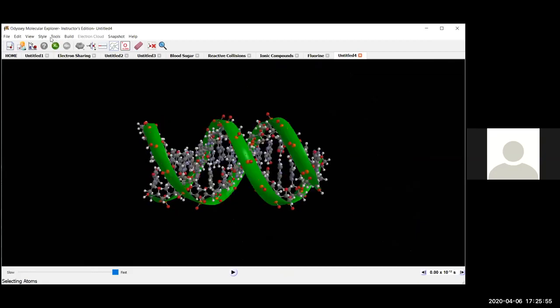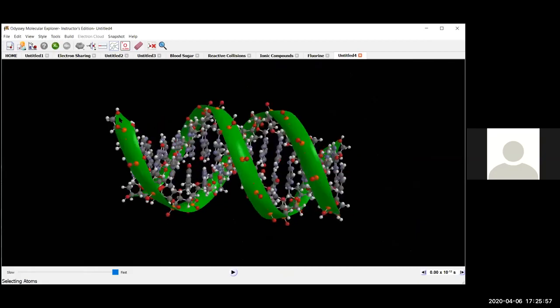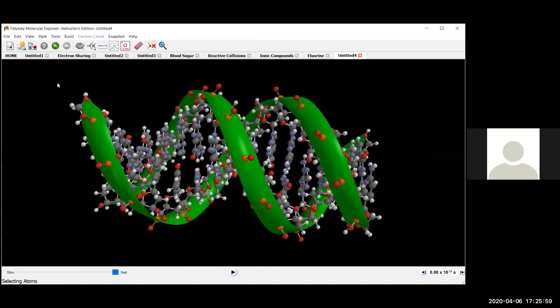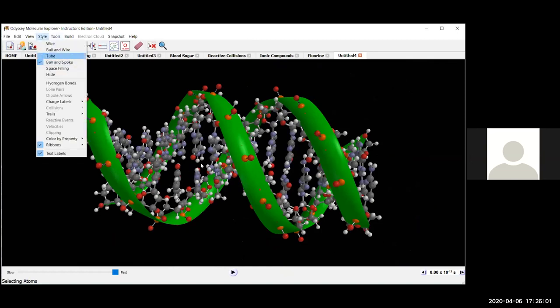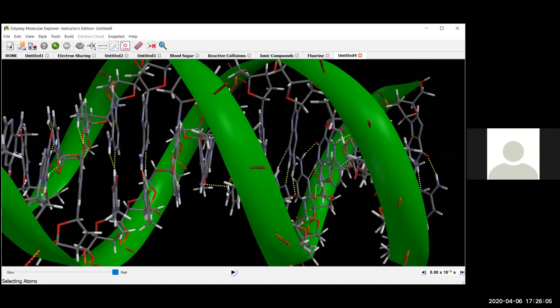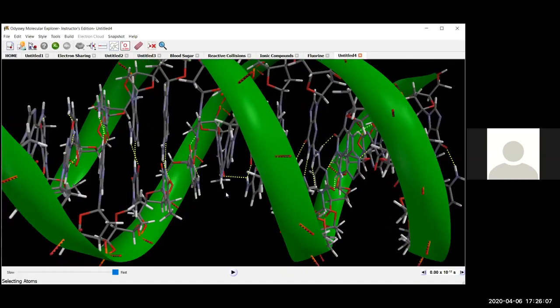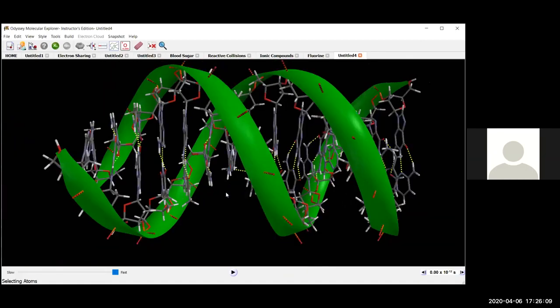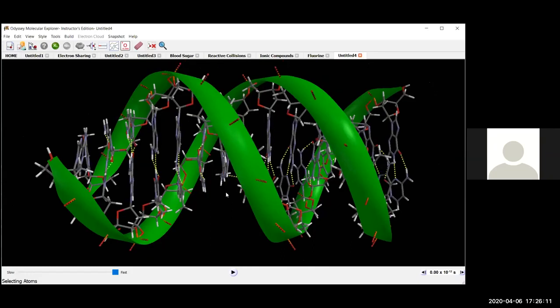Now if I change the style to the tube style, I can show the hydrogen bonds connecting the two strands. And now the important pointer for the biological function of DNA: in order for transcription and translation to work, I have to get to the individual strands, and for replication they have to be able to come apart.